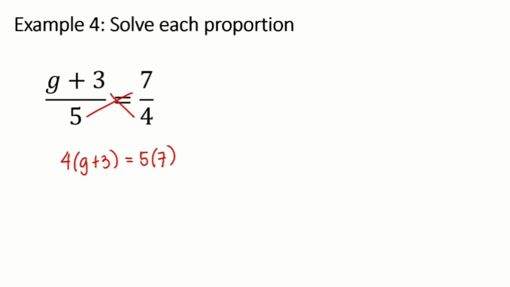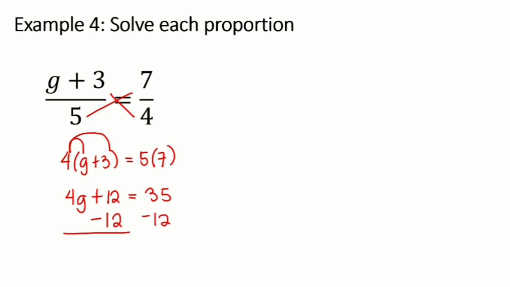Next is, we will apply distributive property. So 4 times g, that is 4g plus 4 times 3, that is 12, is equal to 5 times 7, that is 35. Next to that is we will apply subtraction property of equality, meaning we're going to subtract both sides of the equation by 12. So this is now 4g, then 12 minus 12, that is 0.